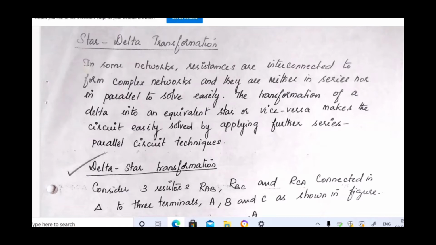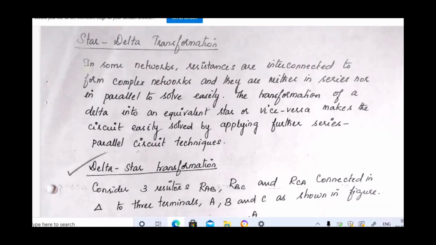And in this video, I'm going to explain the star delta transformation, which is the last topic in the first unit of BE 8255. In a star delta transformation, how the network transforms from delta to star and star to delta occurs.